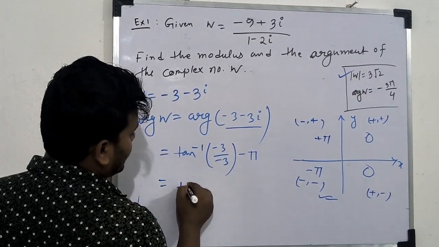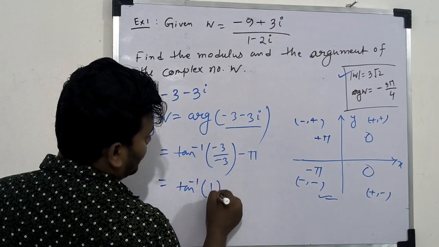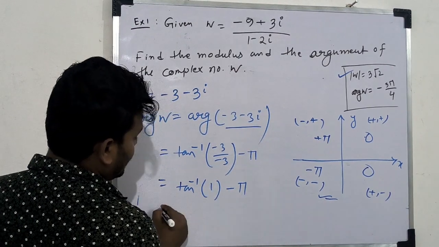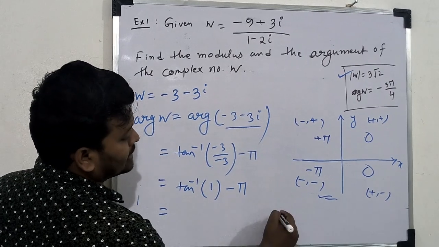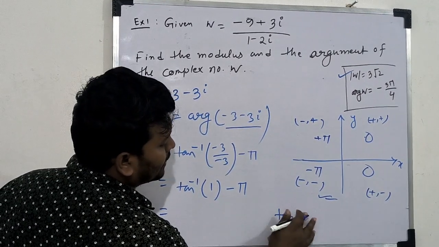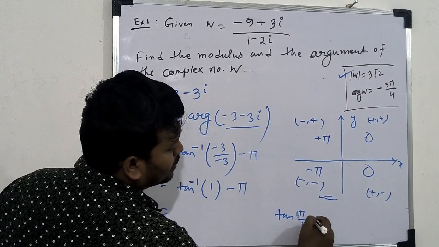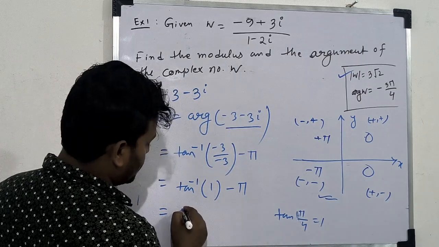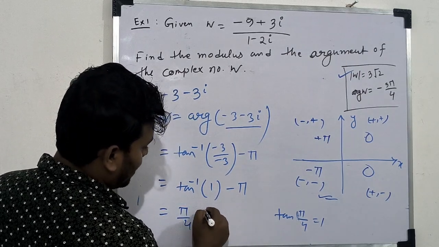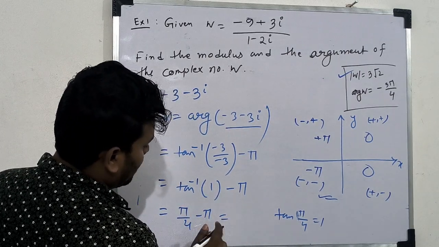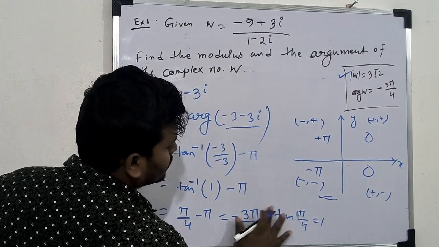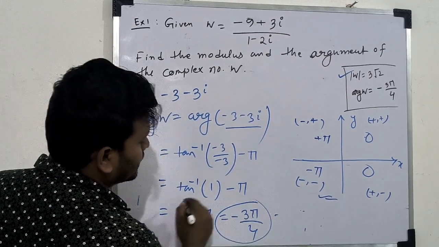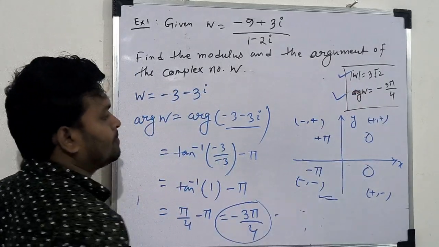So this is tan inverse 1 and this is minus pi. Tan inverse 1 is pi by 4, since tan 45 degrees, that is pi by 4, equals 1. So tan inverse 1 equal to pi by 4, and this is minus pi. So we get pi by 4 minus pi, that is minus 3 pi by 4. So this is the argument, minus 3 pi by 4.